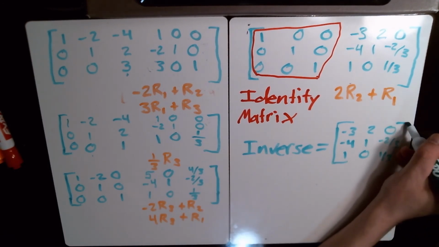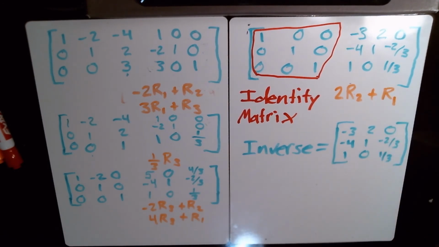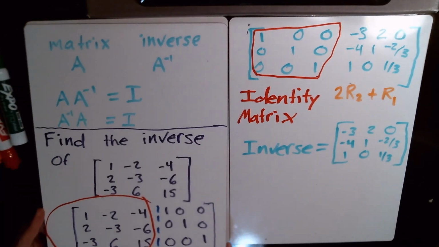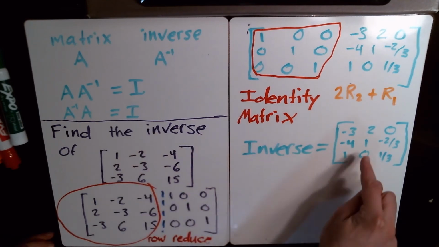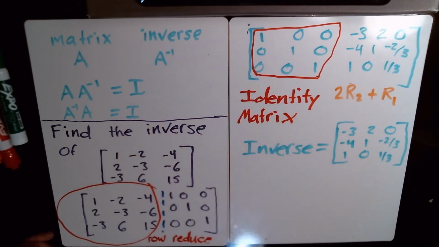Okay, so that is my inverse matrix. And you could check by multiplying this with the matrix that we started out with, which is somewhere over here. So this was the original matrix that we started out with. You could multiply these two together, and if you did it right, or if we did it right, we would get the identity matrix. Okay?